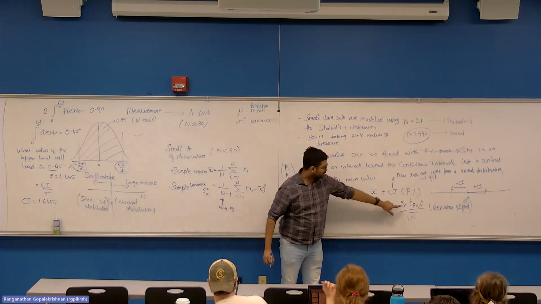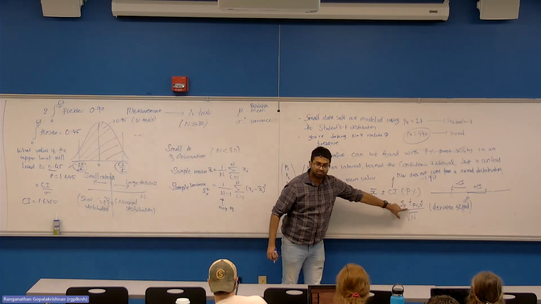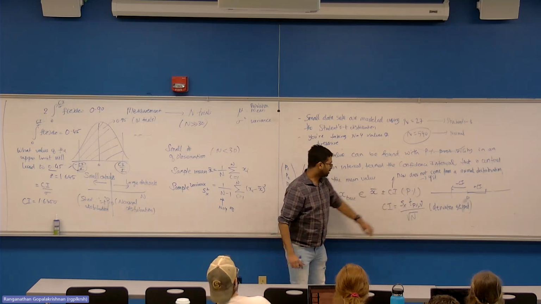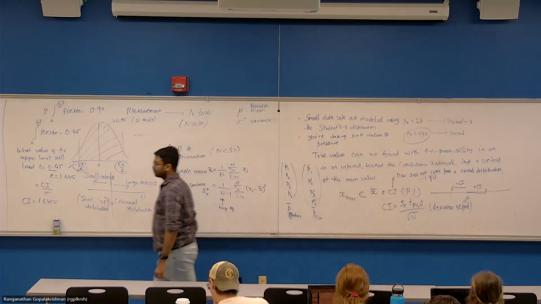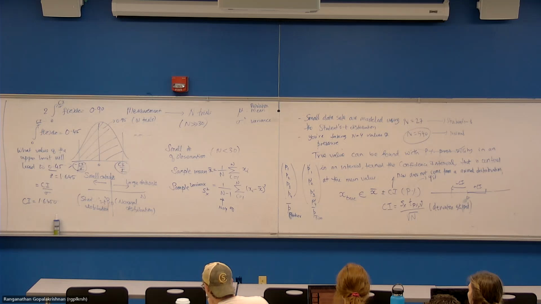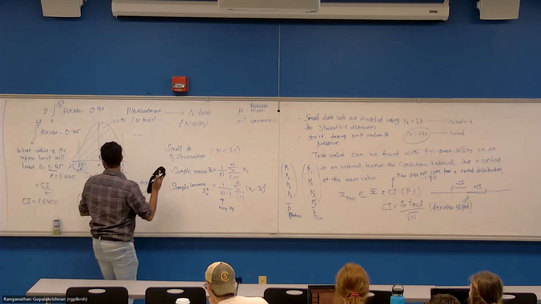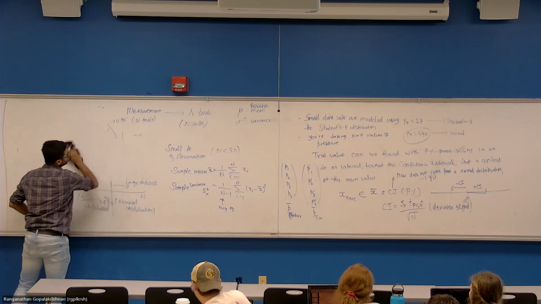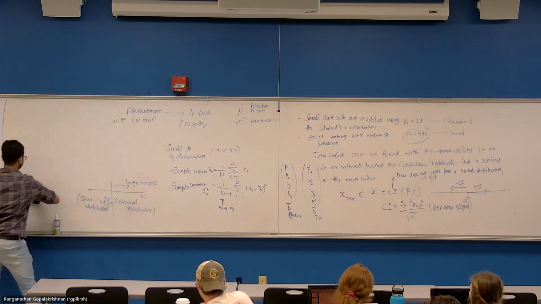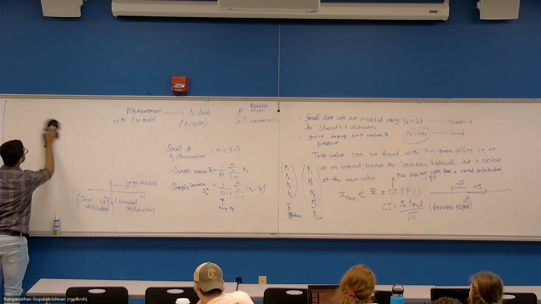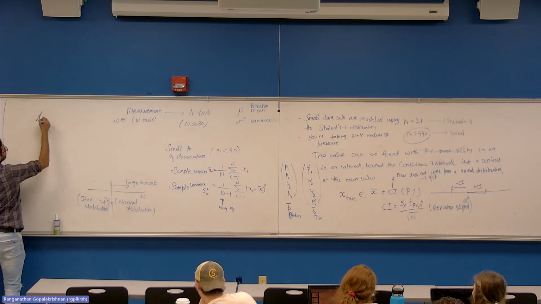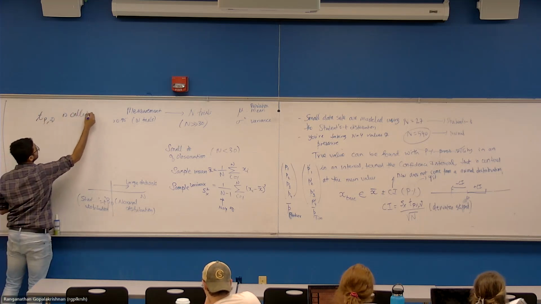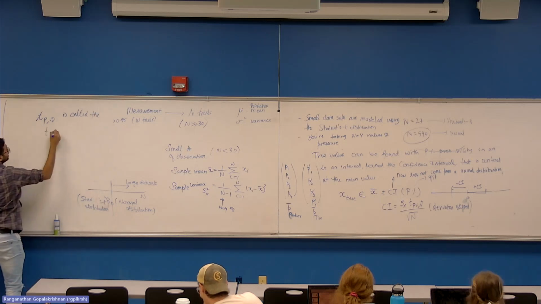What you need to learn is what is this t value? This is the unknown here. This is the new thing that's coming up. This t value, t of p comma nu, is called the t statistic.